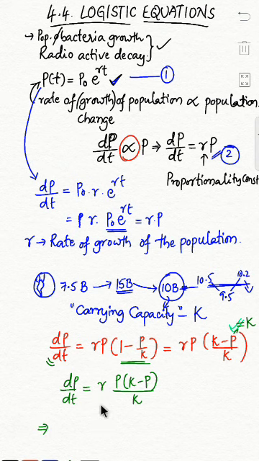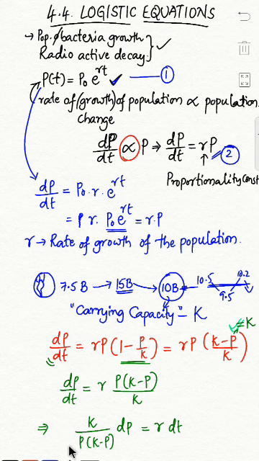We use the method of separable functions. By that we solve this equation: K/(P(K - P)) dP = r dt.